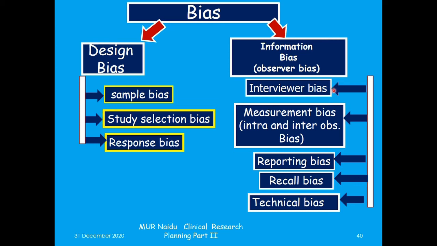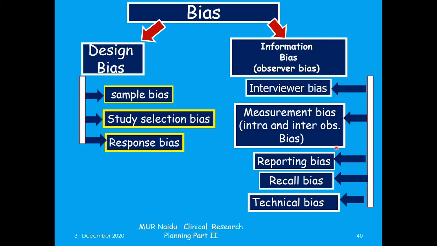He may be asking one type of question one time, another type another time. Measurement bias, intra and inter. The person who is recording the same parameter daily may have some bias, or two individuals are recording two different types of data. So there may be intra or inter-observer biasness.